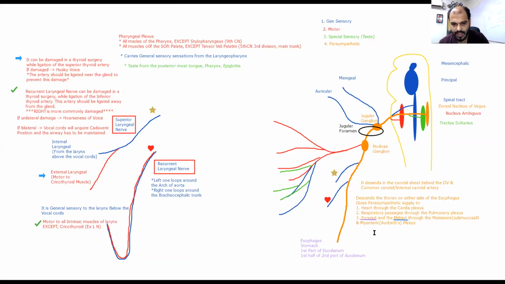So we will tell you what is the midgut. Starting from the point which we left, the second half of the second part of duodenum, third and fourth part of duodenum. What is the next part of the gut?